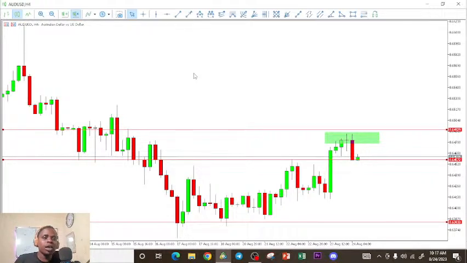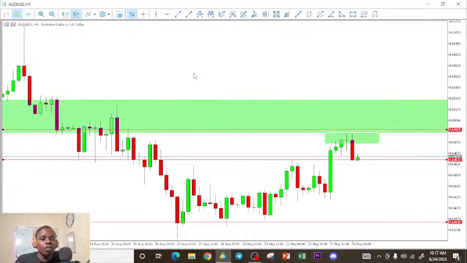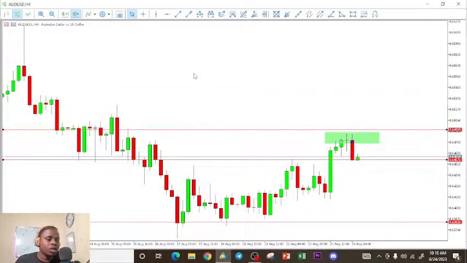The synthetic account is for synthetic indices, sorry, and the financial account is for currencies. So I have two accounts with the broker, and I also trade my funded account, which I'm not going to be able to log in here because I'm live. I don't know how to cover my login details, right?